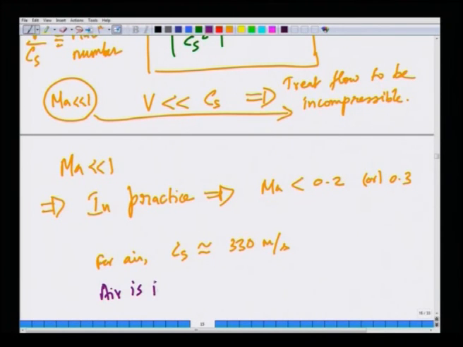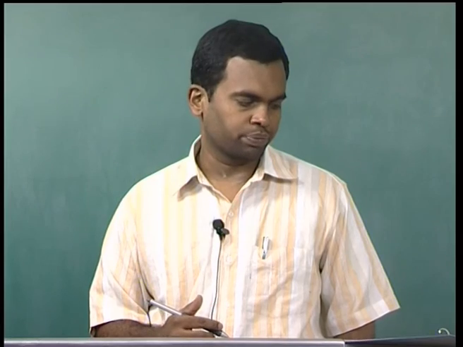Air is incompressible for velocities less than 100 meters per second. For velocities of the order of 300 or 400 meters per second, of course, the Mach number for air will become 1. Therefore, we cannot treat air to be an incompressible fluid for such cases.